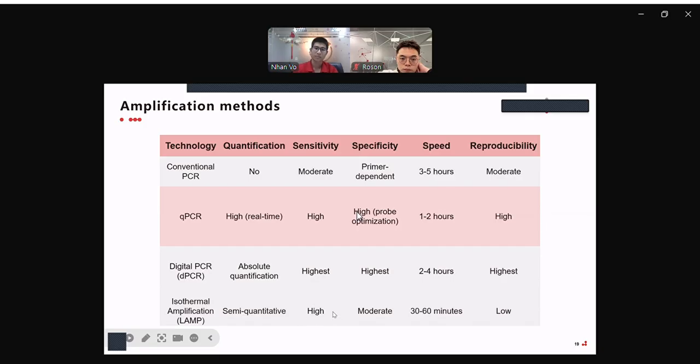But sometimes people will find that when they are using a machine with the LAMP method, there are sometimes false positive results because non-target sequences are also amplified through this kind of method.